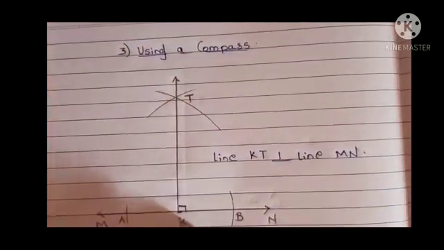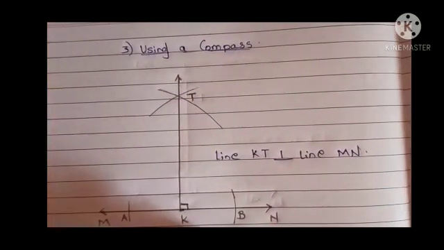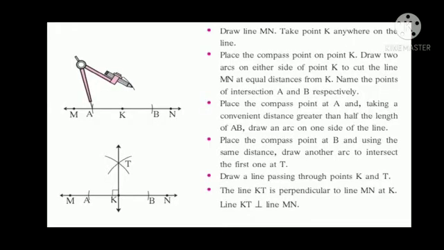So this was the third way of drawing the perpendicular with the help of a compass and a ruler. These are the steps that we have followed to draw a perpendicular, which are given in the textbook.